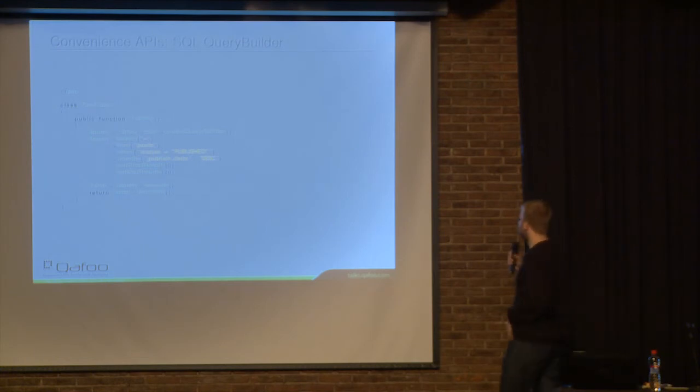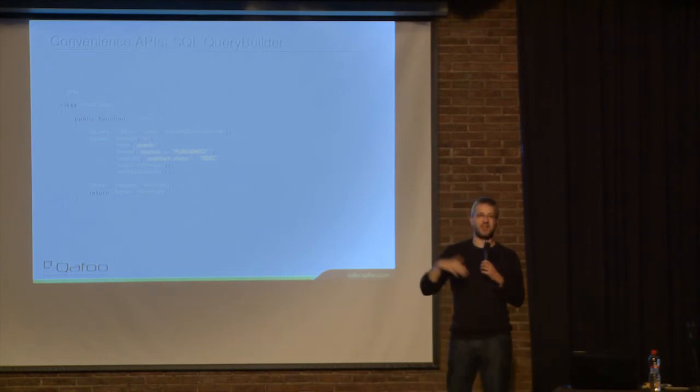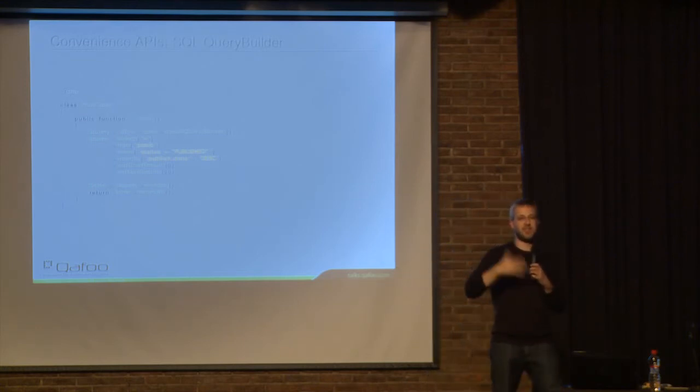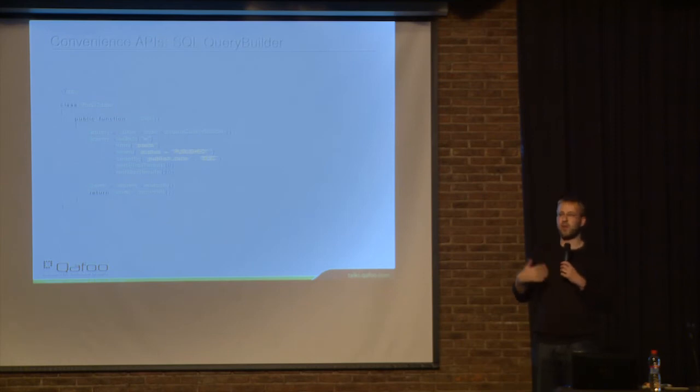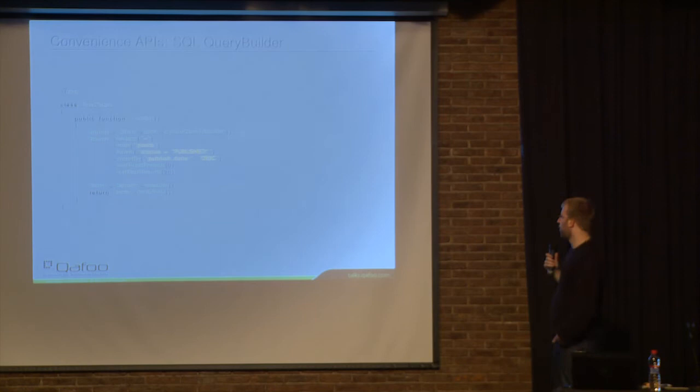In this case, you see we use two functions to set the first result and set the maximum result. Internally this will use the modify limit query functionality of any database platform to generate the correct SQL. Using this feature, it's much simpler to write SQL statements that are independent of a database, if you need this for open source libraries, for example, or if you're not sure yet what database you want to use for your project.